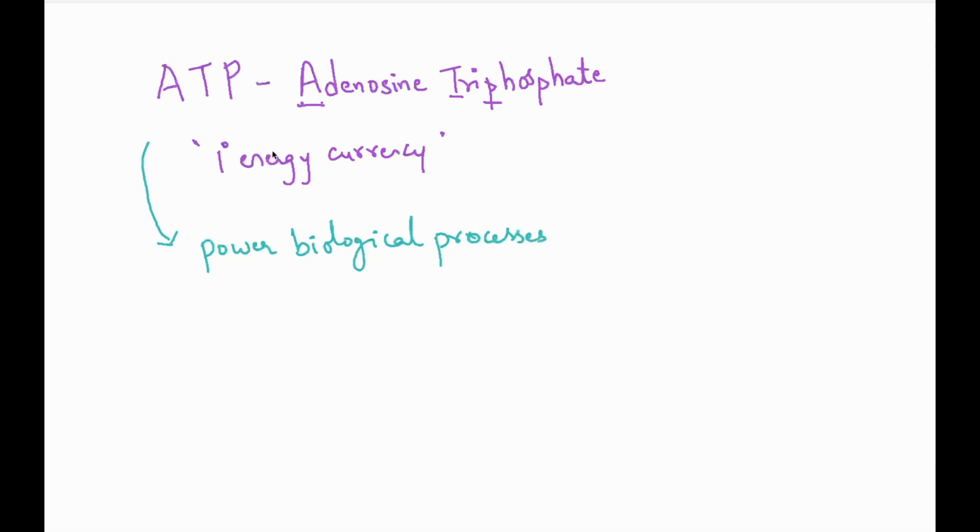So ATP is the energy currency available for the cells in the human body, and when ATP is broken down, energy is released, and this energy is used to carry out most of the important biological processes in the cells of the human body.